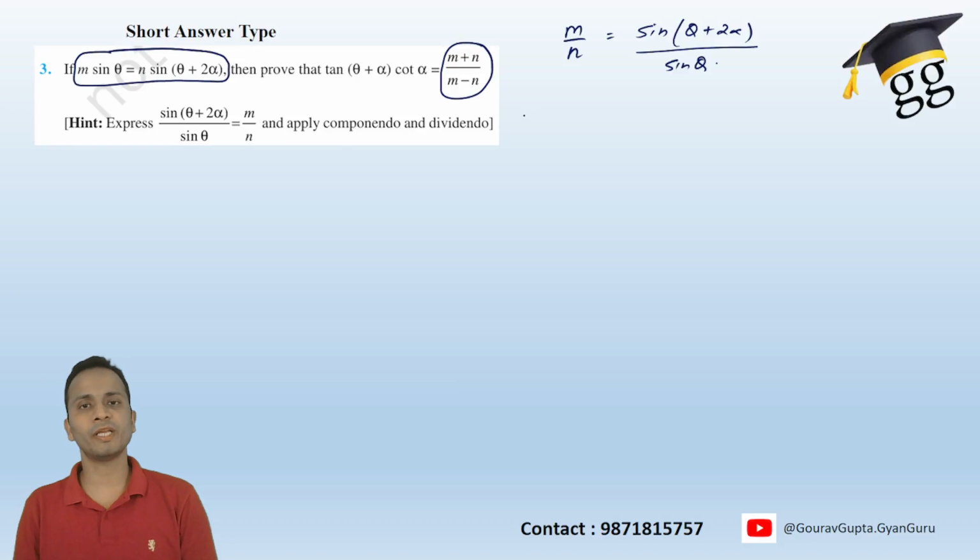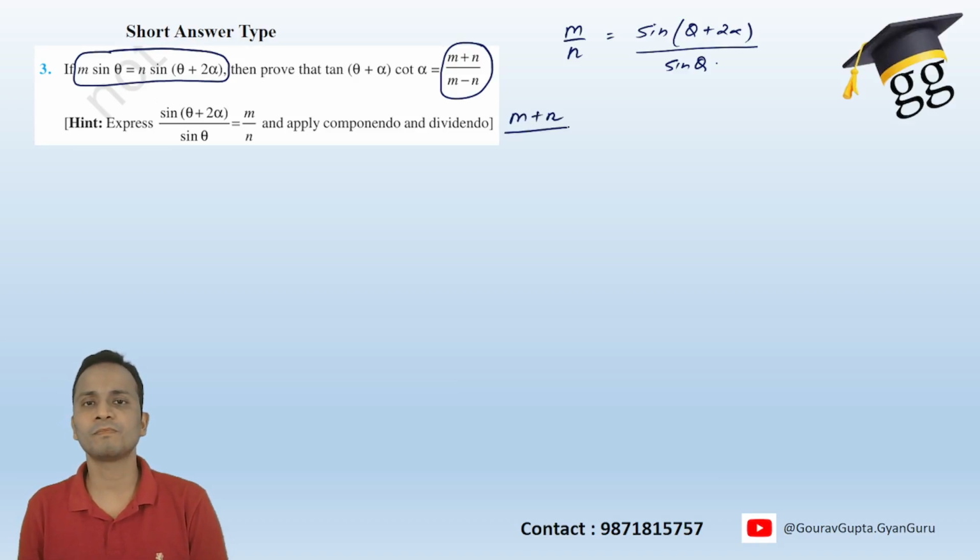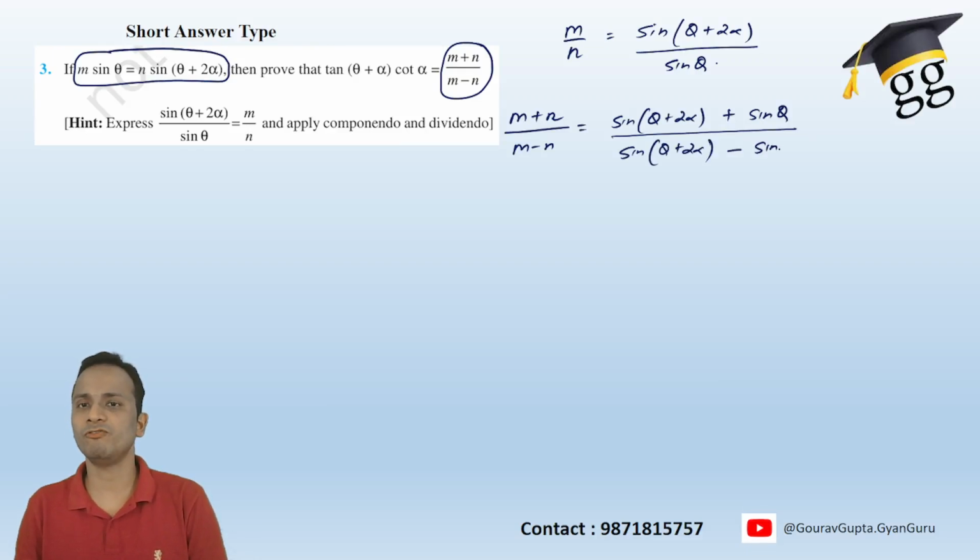Now you can apply componendo and dividendo. So it will become m plus n divided by m minus n, and that is equal to sine theta plus 2 alpha plus sine theta, and denominator sine theta plus 2 alpha minus sine theta.